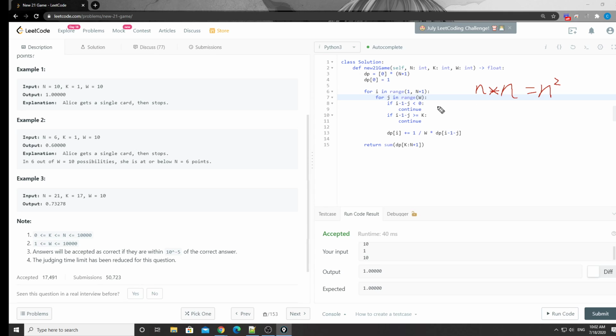So how can we improve this thing, right? If you take a look, this seems like a sliding window, right?